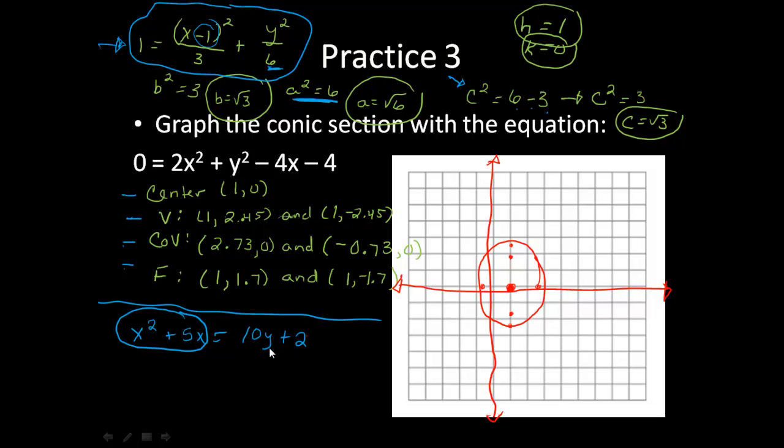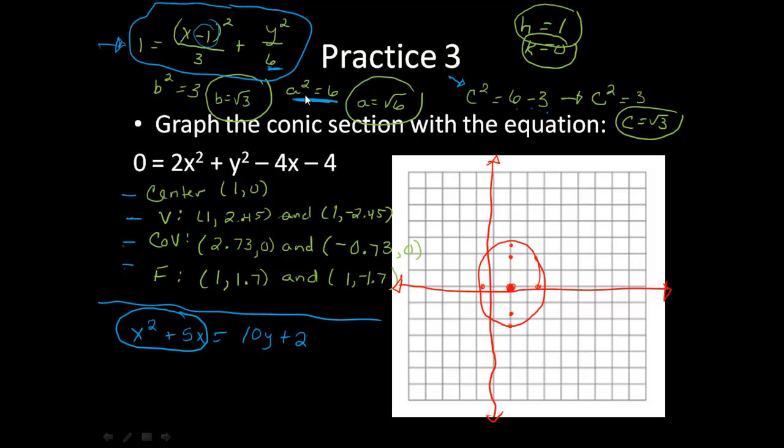This stuff over here doesn't have a square, so you would only complete the square for this side if this were our parabola. So make sure you first identify what you have and then go through the process of completing the square in order to get it written in standard form.